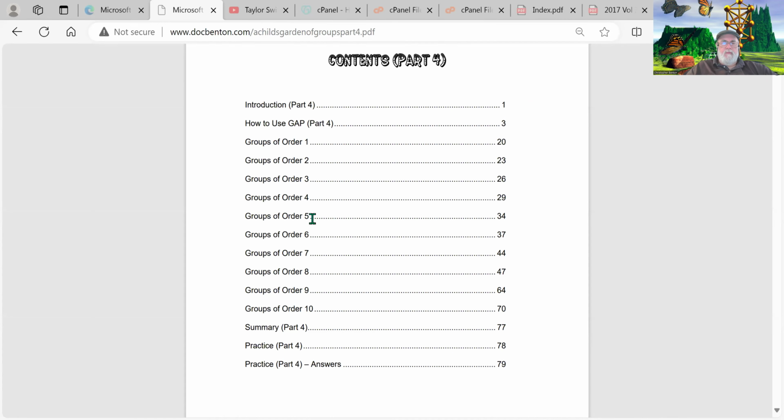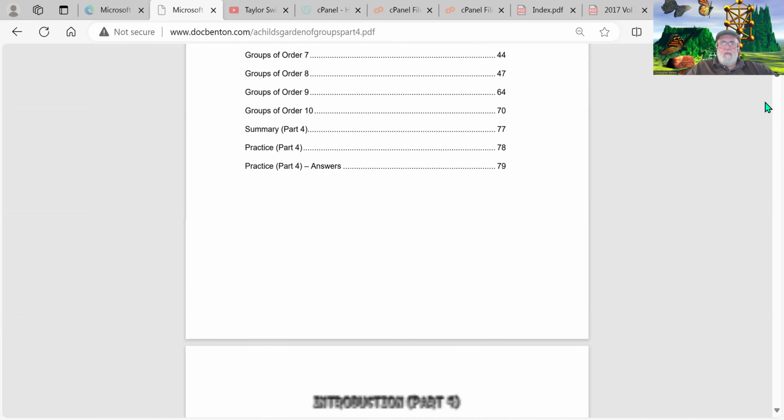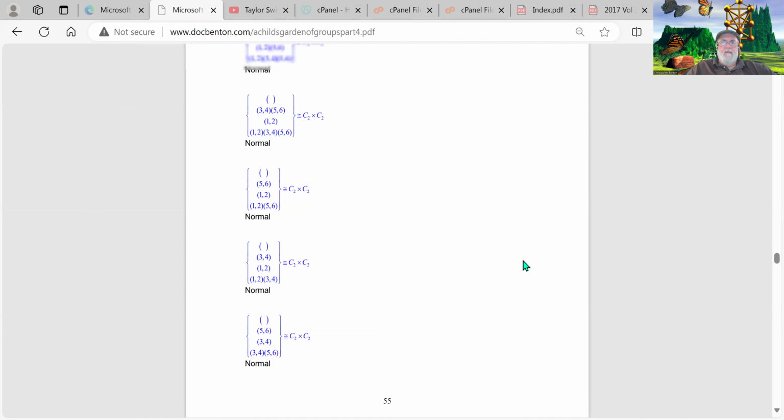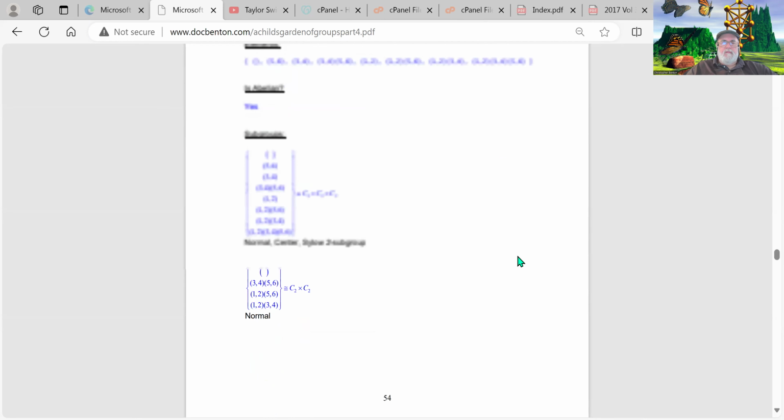There's only one group of order 5, which is a cyclic group. Other orders, like groups of order 8, there are going to be several. So I can show you exactly how many groups there are of each order. And we take a bit of a dive into their structure.